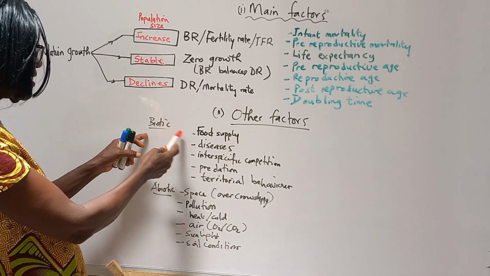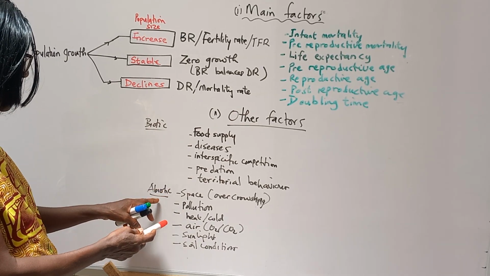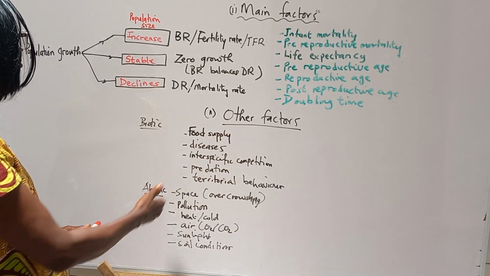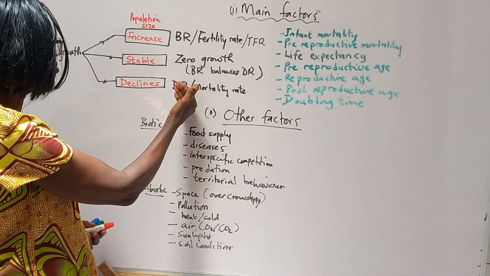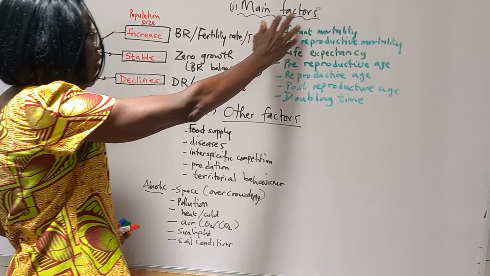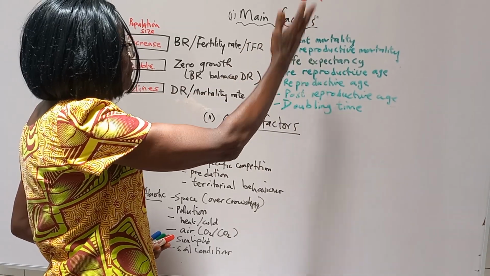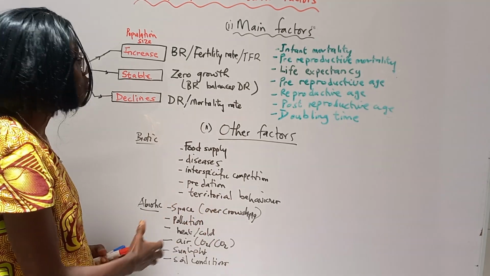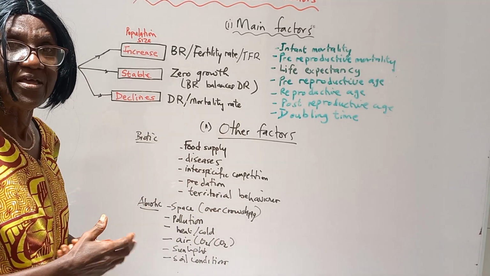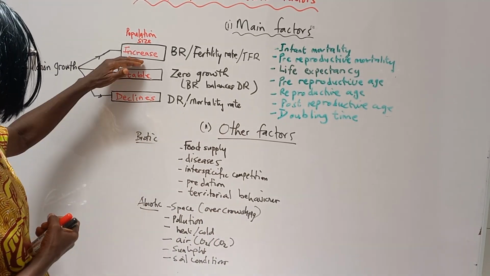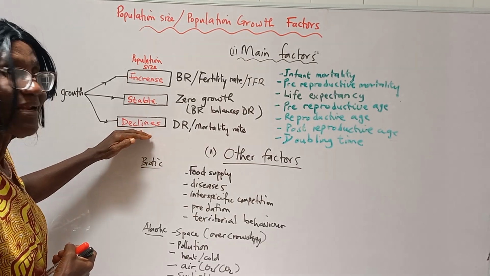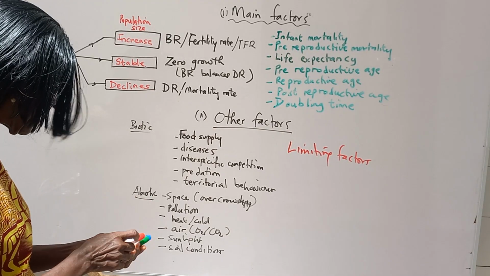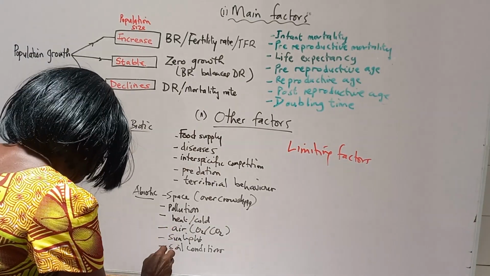So we can say some are biotic factors, some are abiotic factors. They all go to affect birth rate and death rate, and to affect all these factors, infant mortality and all that, to come out with a resultant increase, stable or declining growth. We forgot to bring in here water supply. Water supply is also very important.